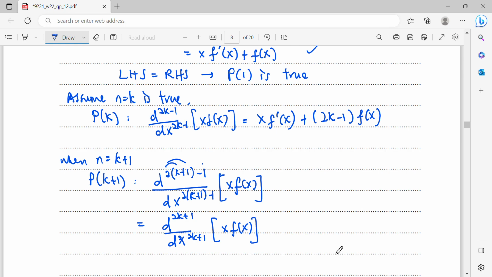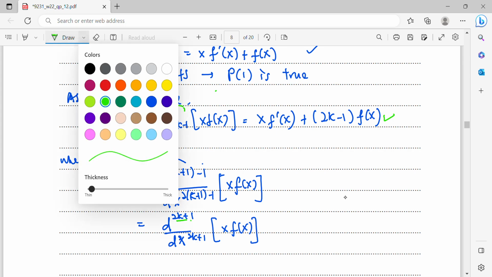Okay, so now we have d^(2k-1). This is 2k minus 1, but right now we have 2k plus 1. So to use this result, we need to get 2k minus 1 from 2k plus 1.